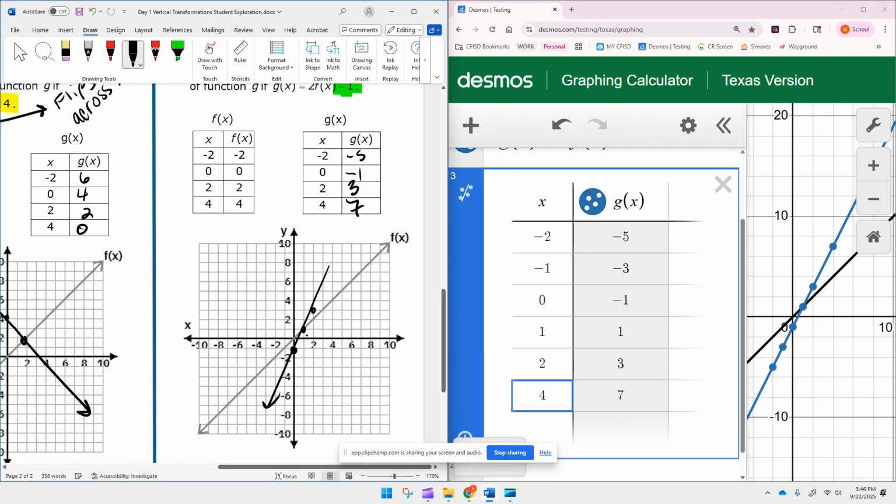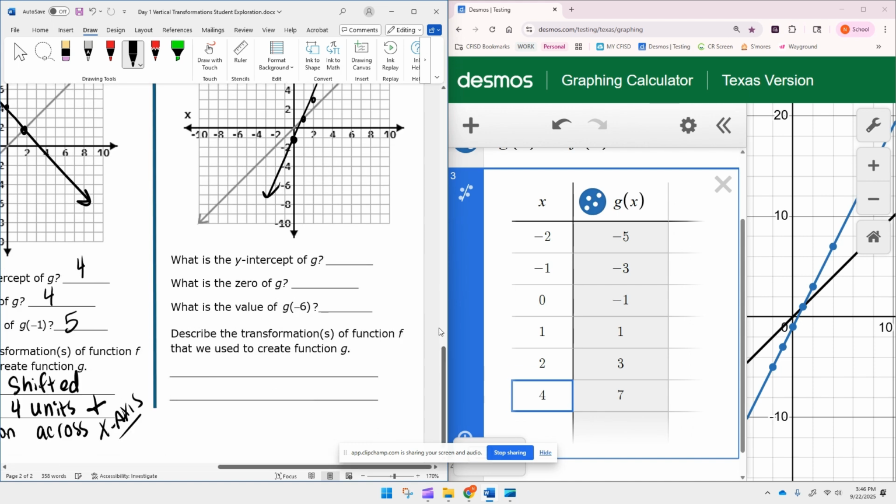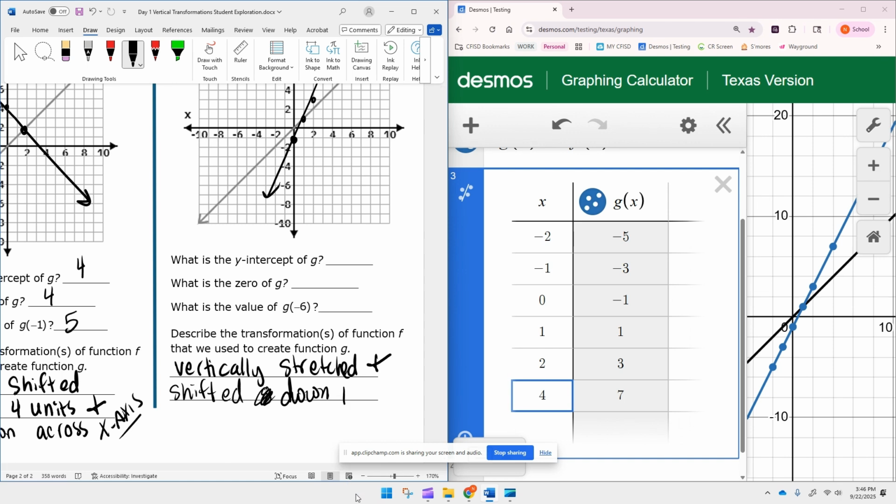So our graph has gotten vertically stretched and shifted. Now in this case, since we're adding a negative number, we shifted down vertically. And we shifted down 1 unit. So our y-intercept is now at -1.